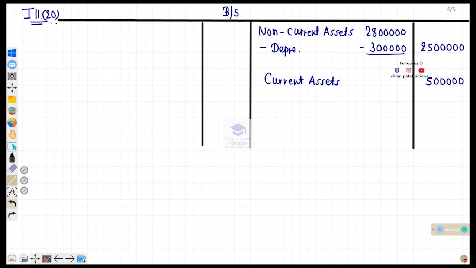Five lakhs. Equity share capital 18 lakhs.